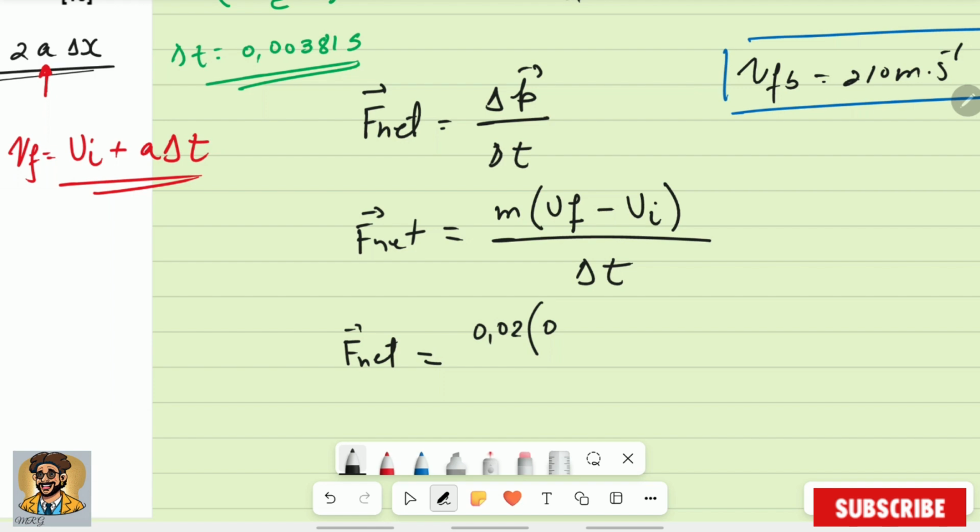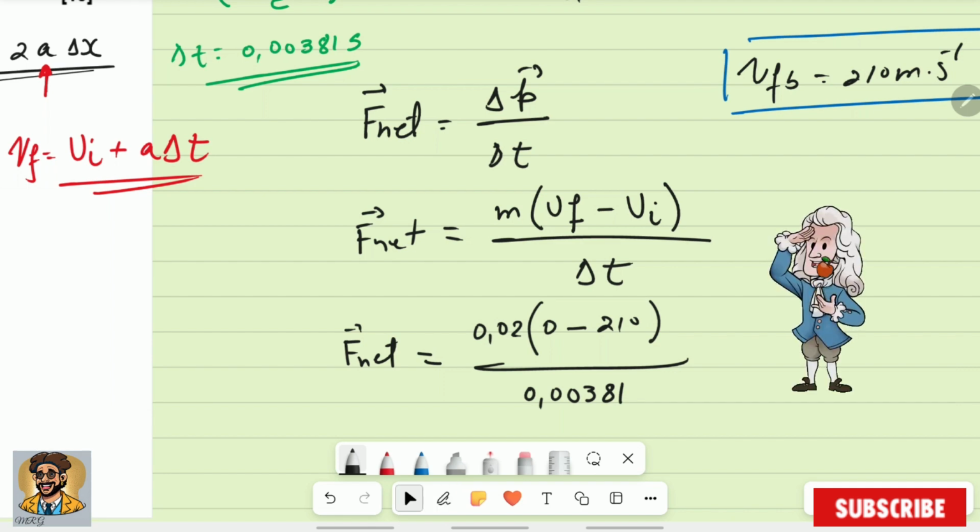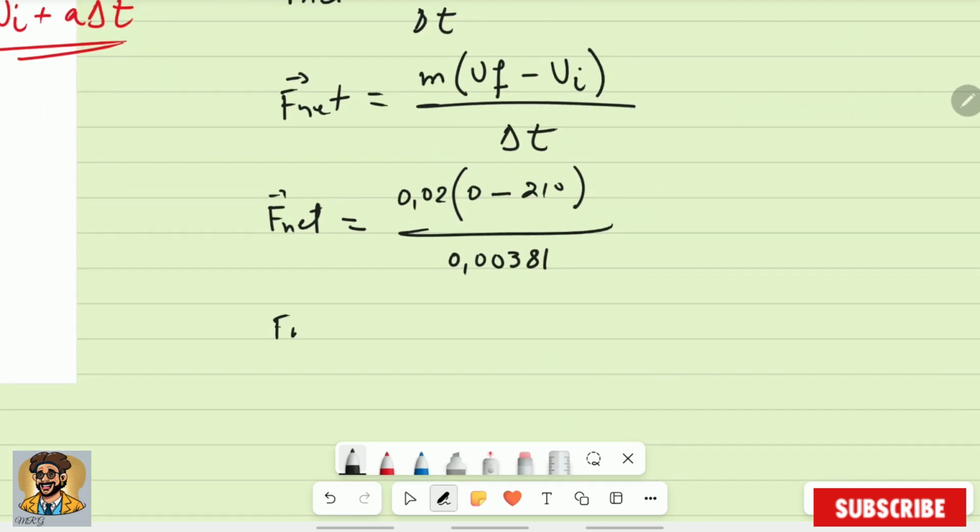We're speaking now about the time that the bullet is inside the block. 0 minus initial velocity of the bullet, 210 meters per second. That was the velocity with which the bullet strikes the block. The time we got was 0,00381.